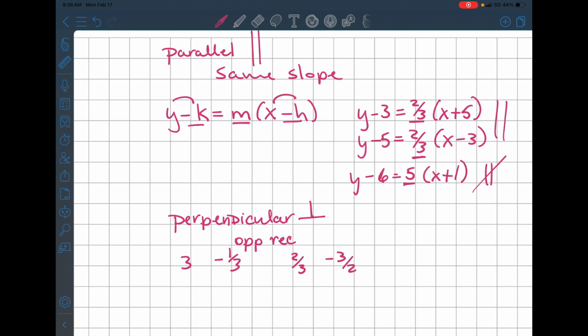So if I had this here, this line would be perpendicular to these lines, and it would look something like this.